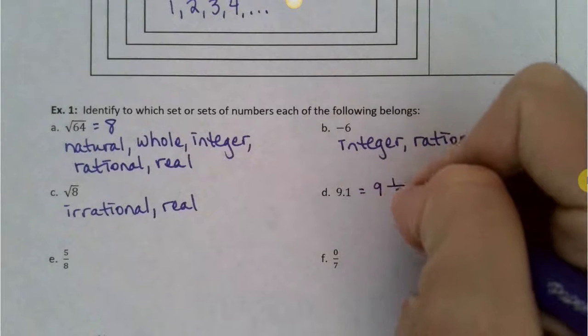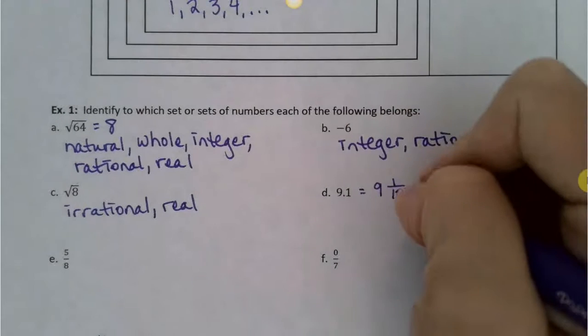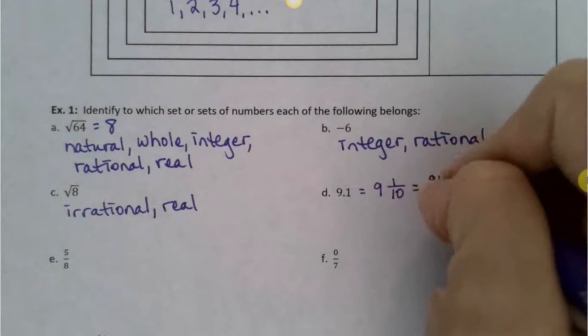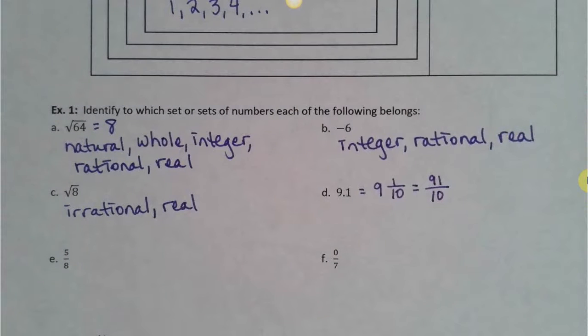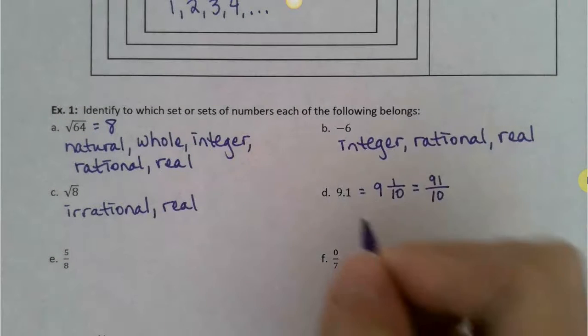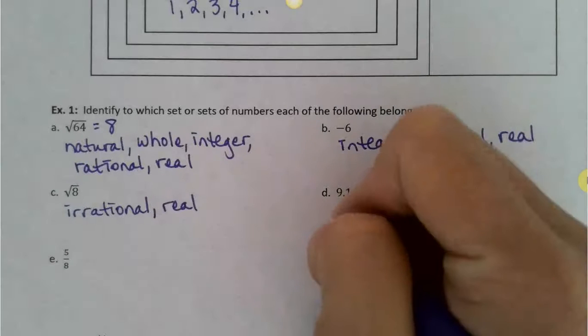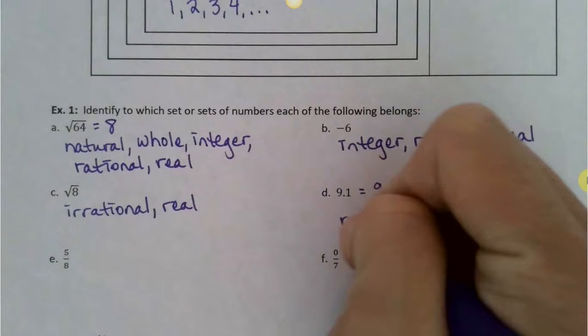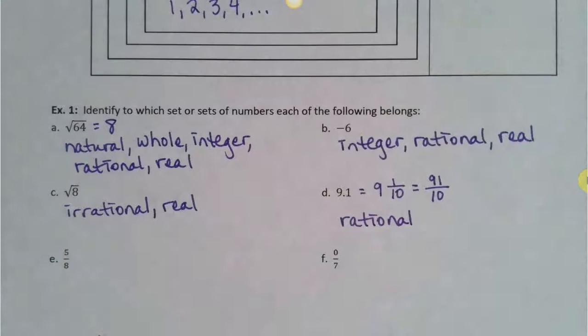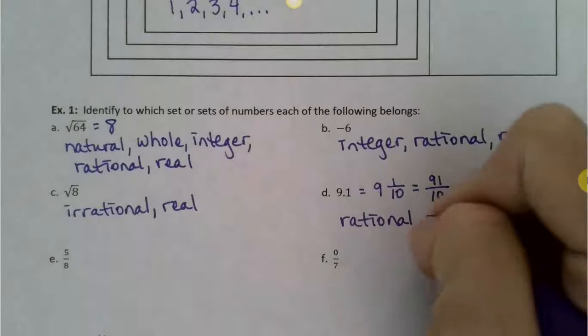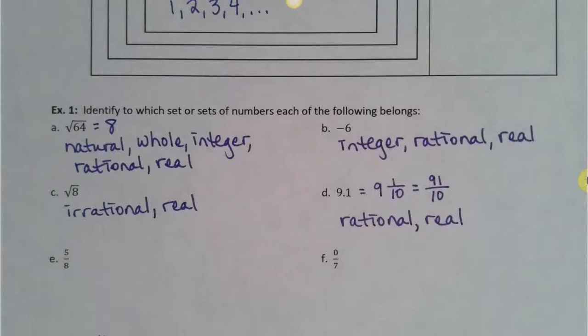This would be the same as 9 1/10 as a mixed number, or as an improper fraction, 91/10. But just recognizing it as a terminating decimal tells us that it is a rational number, which also makes it a real number.